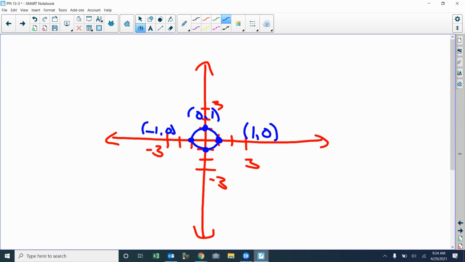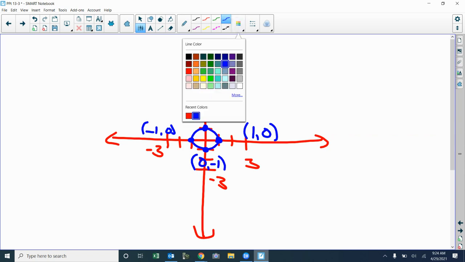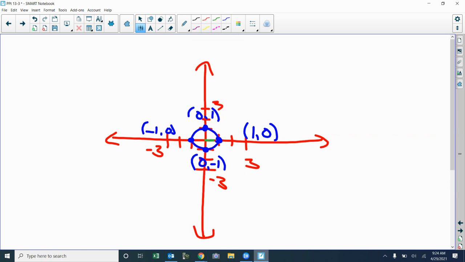And then down here, my last one, my x is 0 and my y is -1. What's this length right here gonna be? 1. And if I put it up there, what's the length up there? Still 1. It's a circle with a length of 1, no matter where I draw a line from that center, right?